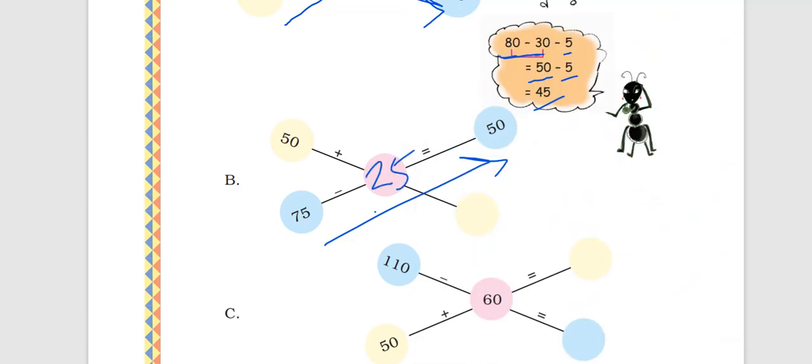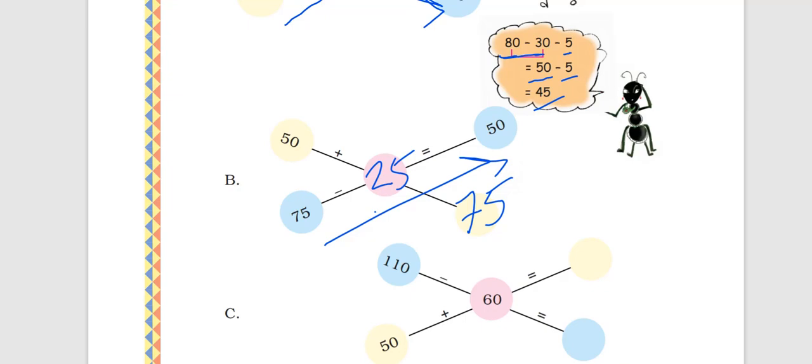Now, we need to add 50 plus 25. Let's find out what it is. 50 and 25. 25 is 20 plus 5. So 50 plus 20 plus 5. 5 tens and 2 tens is 7 tens. And then we have 5 ones, which gives me 75.